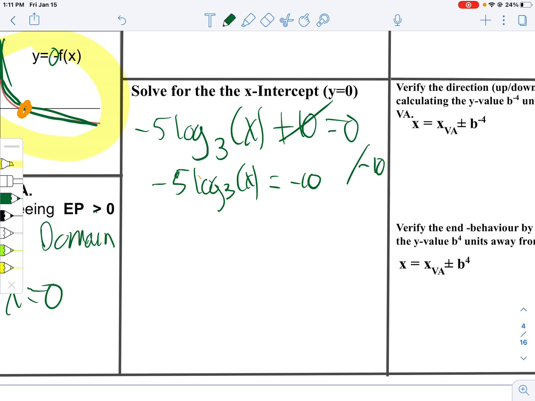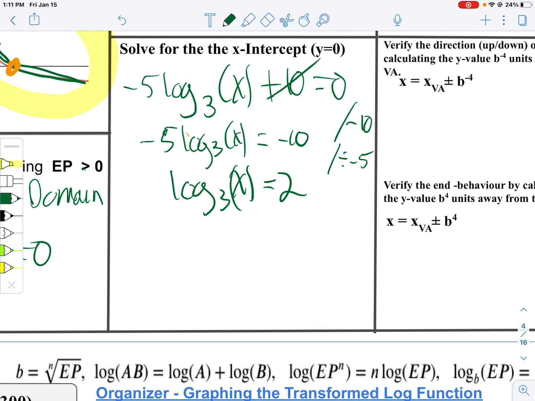Right now a log is being multiplied by negative 5. The opposite of that is to divide by negative 5. So log of x base 3 would equal 2, since negative 10 divided by negative 5 is 2. Now this is the base, the evaluated power, and n, the exponent.